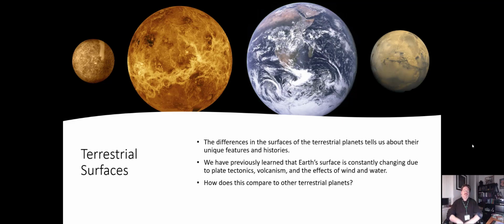The whole point of this slide is to show you the variations of the different worlds. Mercury and the Moon are pretty much identical. They just look like giant rocks that have a whole bunch of craters on them. But you can see that Mars, which is significantly larger than Mercury, looks rather plain, which is significant in and of itself because it doesn't show a lot of evidence for craters.